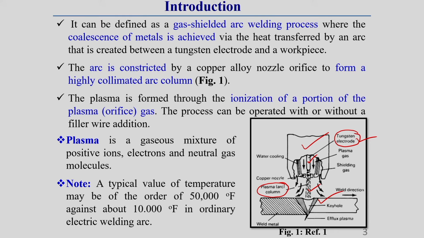You see here I have already written, this is a water cooled copper nozzle. Through this the arc is transferred from electrode to workpiece. Once it transfers from electrode to workpiece, at that time this arc is constricted.